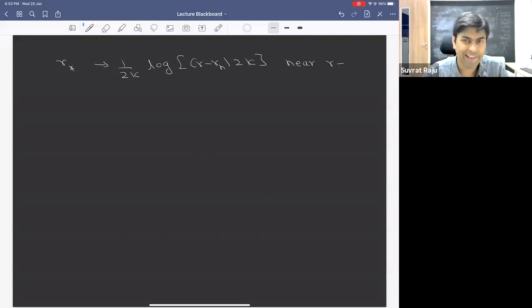Now, this is not the exact form for r star. We didn't solve the exact form, but what we need is the behavior of the tortoise coordinate near the horizon, and we've set this behavior to be 1 by twice k into log of r minus rH into twice k.